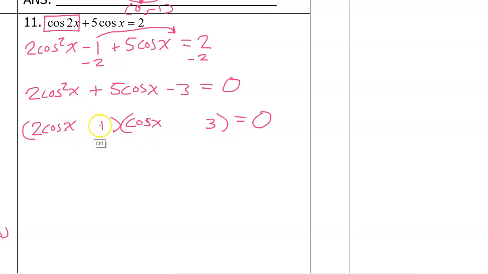If I write it this way with the 1 here and the 3 here, inner is these 2 terms. If I multiply it, I get 1 cosine x. Outer is these guys. If I multiply those together, I'm going to get 6 cosine x. Inner plus outer must equal the middle. The middle is this.